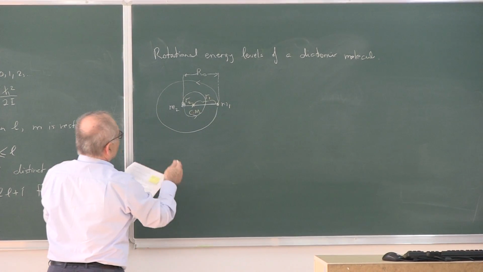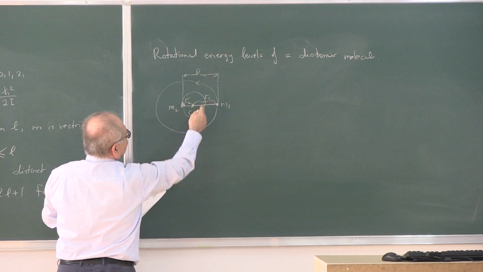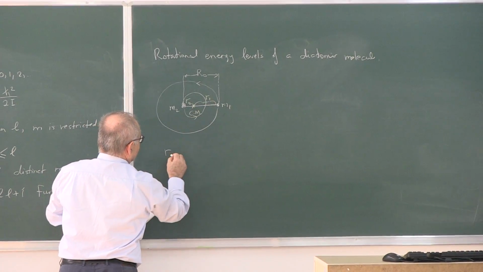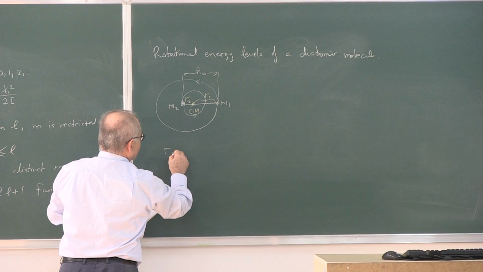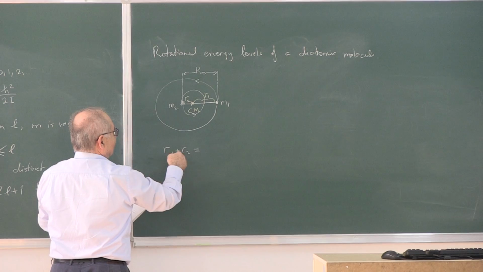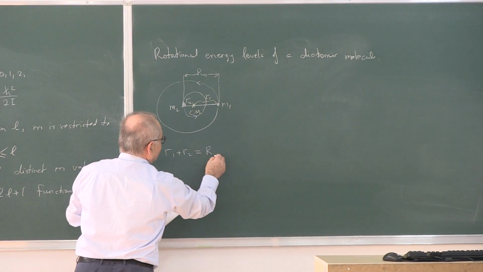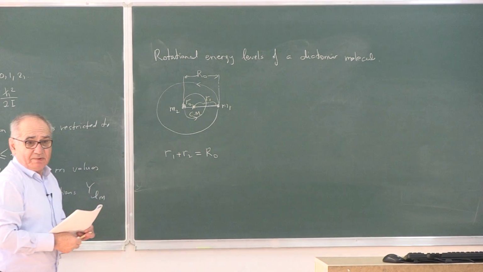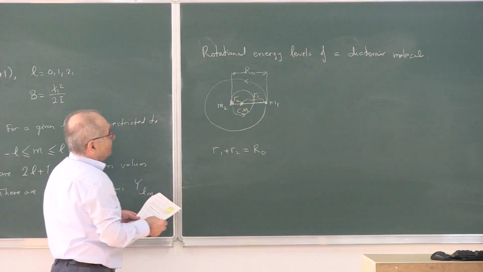From the diagram, it's clear that there is a relation between R1 and R2 such that the sum of the distances is equal to the bond length. This is one relation.